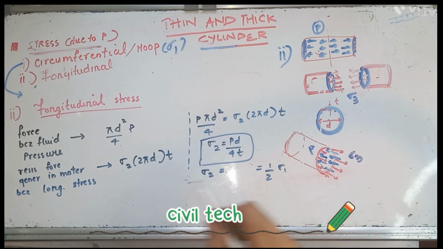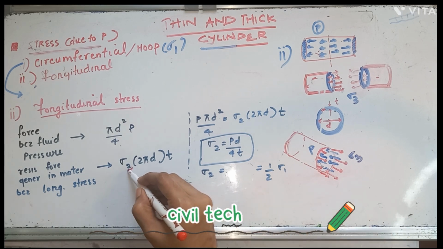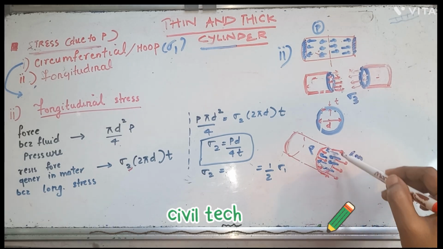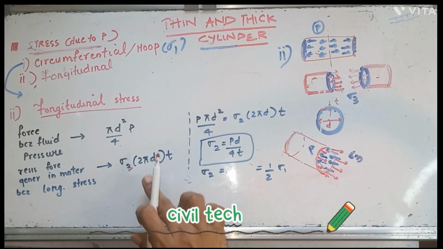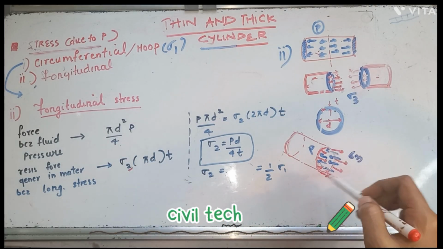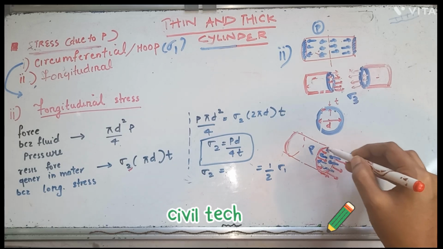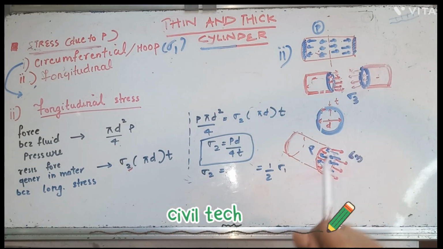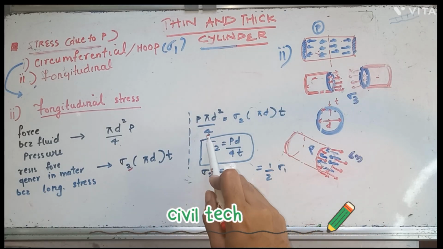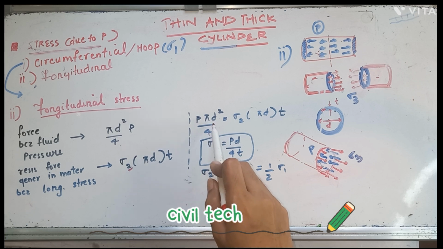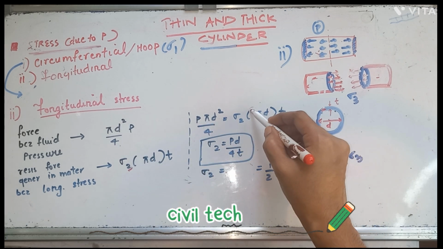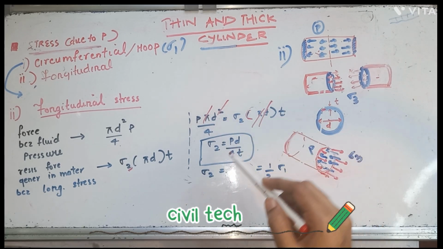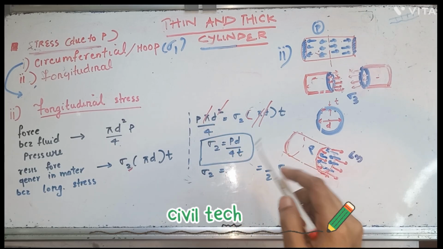So sigma 3 is the longitudinal stress, into the perimeter of the circle, that is pi d, into the thickness T. When we equate both, we get pi d square by 4 into P is equal to sigma 3 into pi d into T. Cancelling pi and d, we get sigma 3 is equal to Pd by 4T.